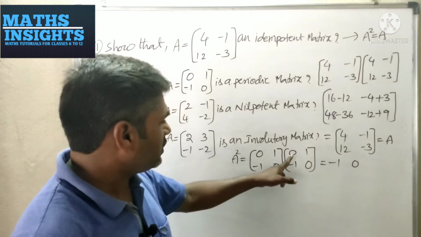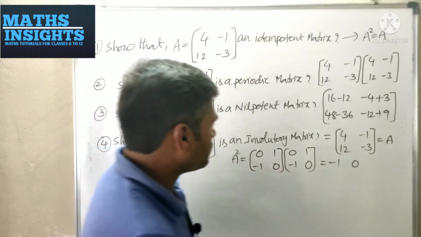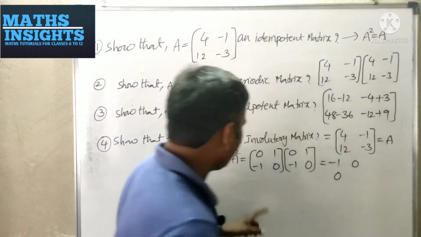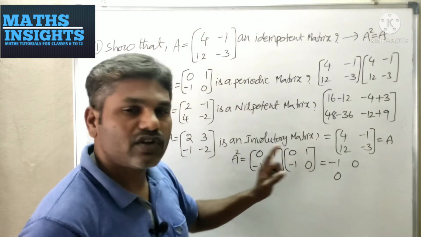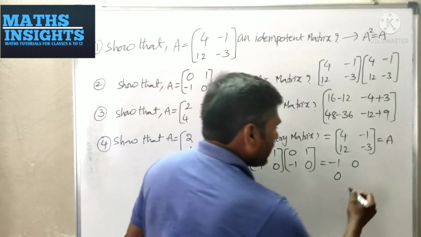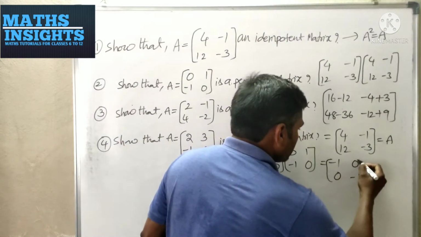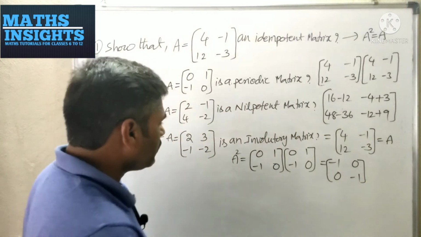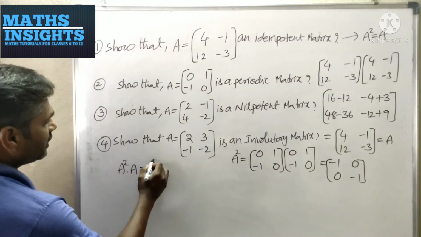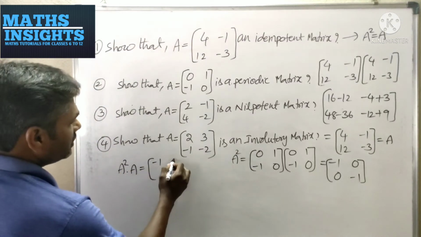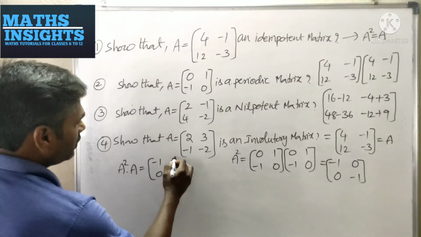Then minus 1 into 0, 0, plus 0 into minus 1, 0. Then minus 1 into 1, minus 1, plus 0 into 0, 0, so minus 1. This is A square: [-1, 0; 0, -1].